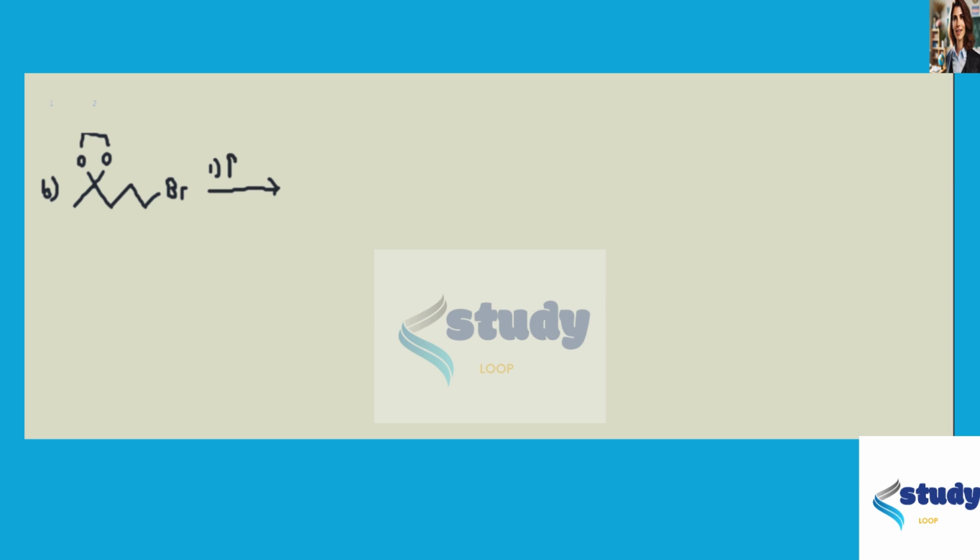And so remember, in order to do that, we need triphenylphosphine and then butyl lithium to deprotonate. And so when we do that, we end up with this Wittig reagent, still protected here.